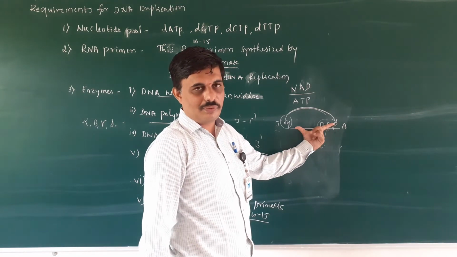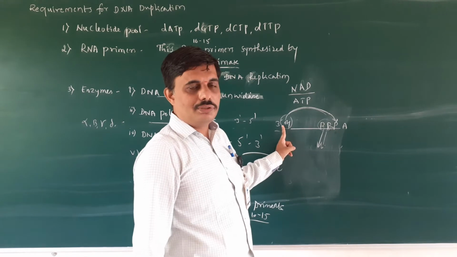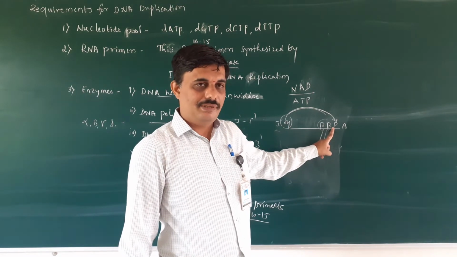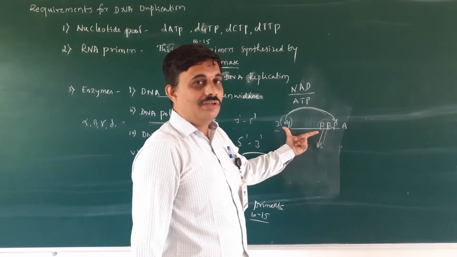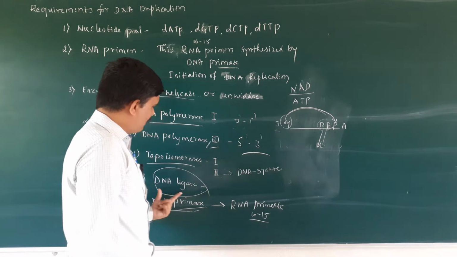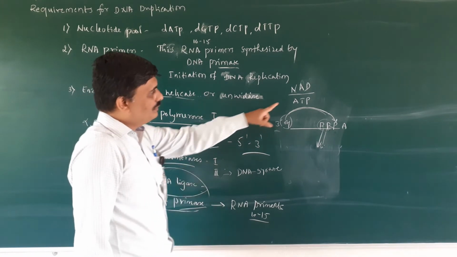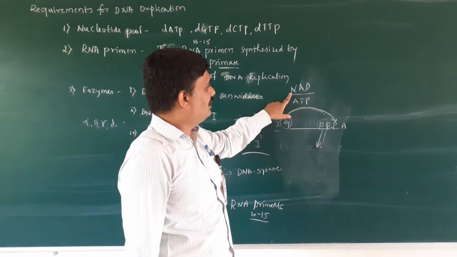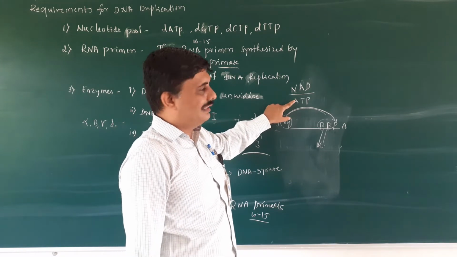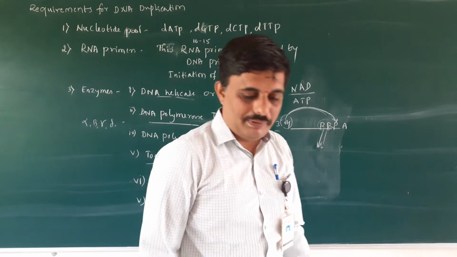The phosphodiester bond is formed between the 3' OH of one fragment of DNA and the 5' end of another fragment of DNA. This is the joining mechanism by DNA ligase, and it uses nicotinamide adenine dinucleotide as energy currency, or sometimes it uses ATP.